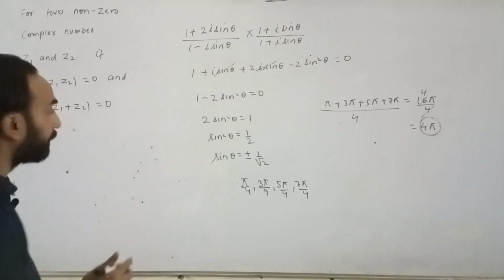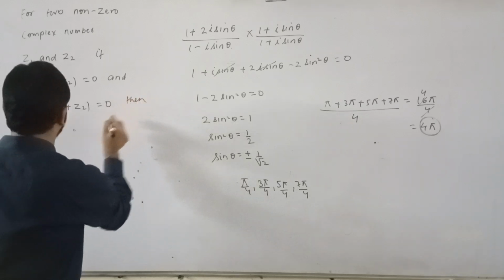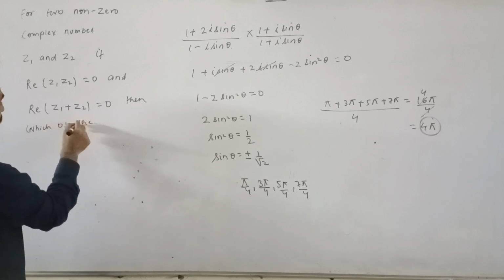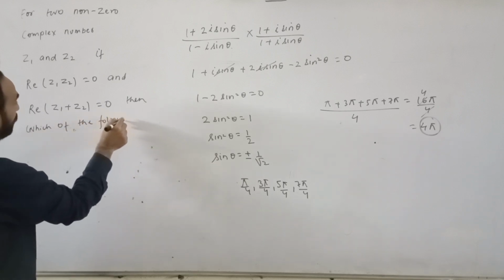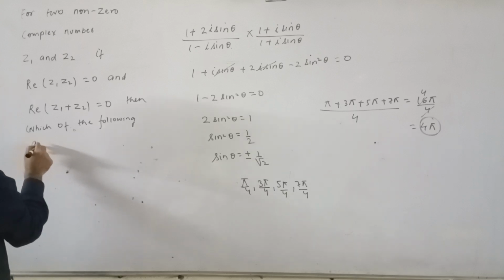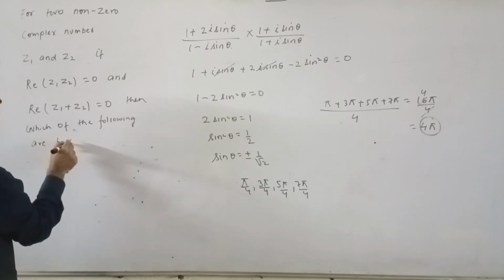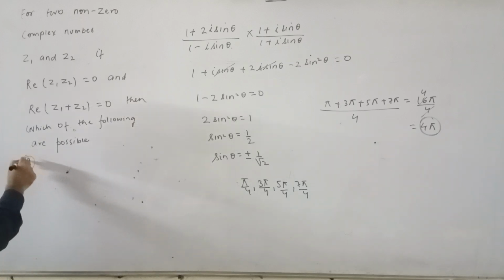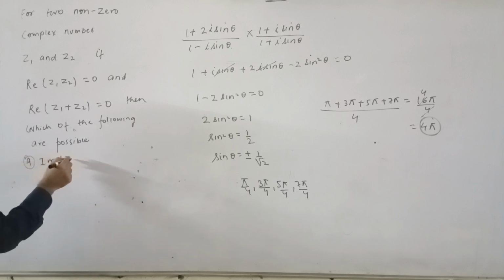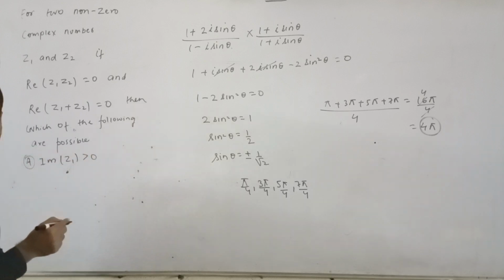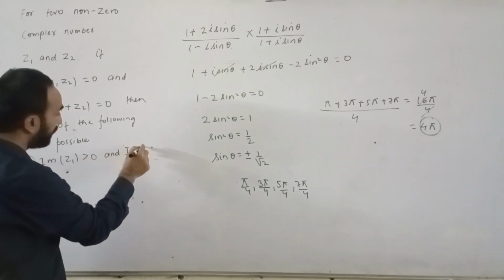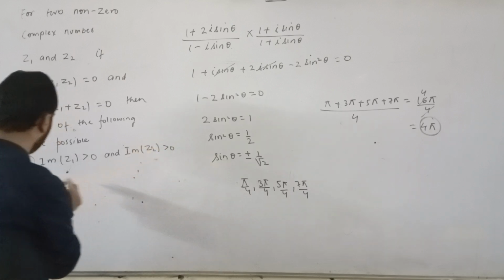Then which of the following are possible? So the options are: first, imaginary part of Z1 is greater than 0 and imaginary part of Z2 is greater than 0.